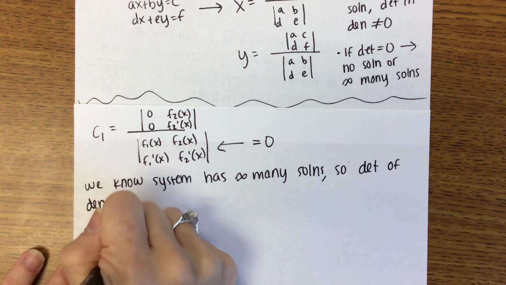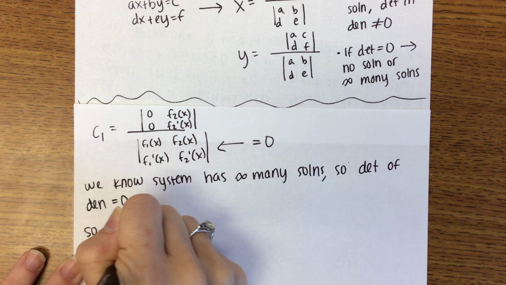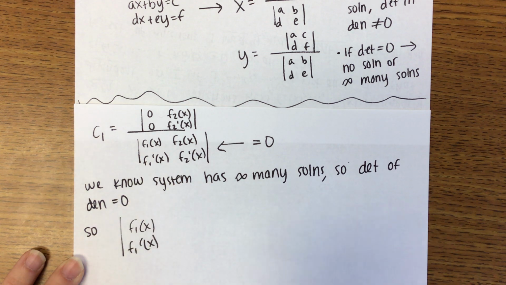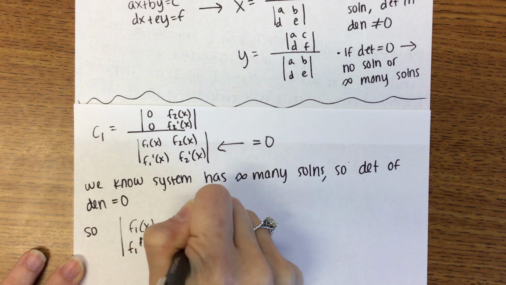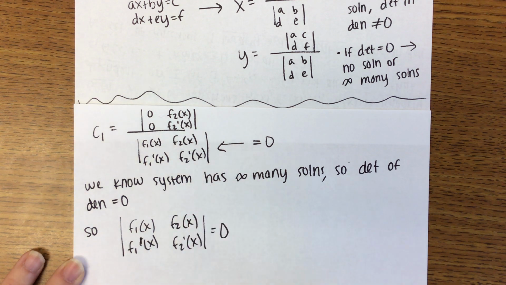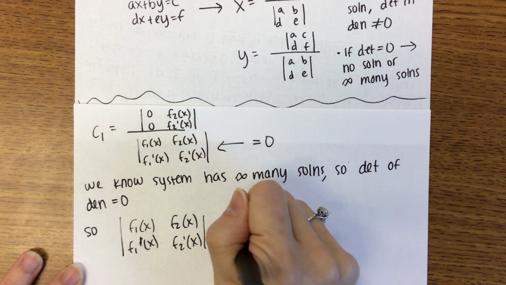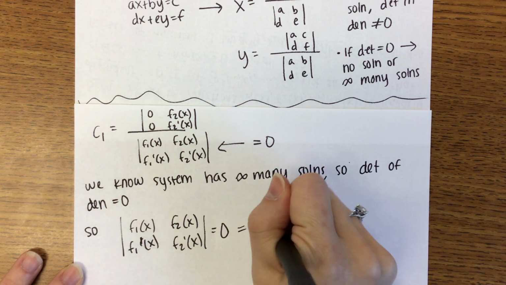The determinant that was in the denominator was f1 of x, f1 prime of x, f2 of x, and f2 prime of x. We know that equals 0. Why that's important is this determinant is the Wronskian.